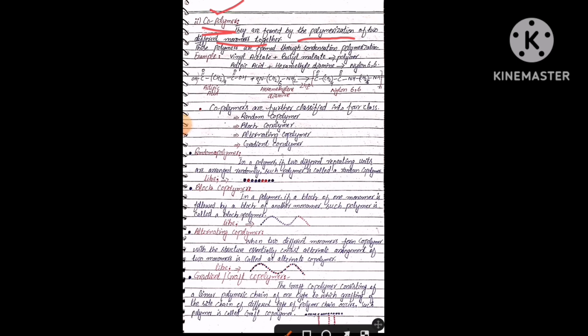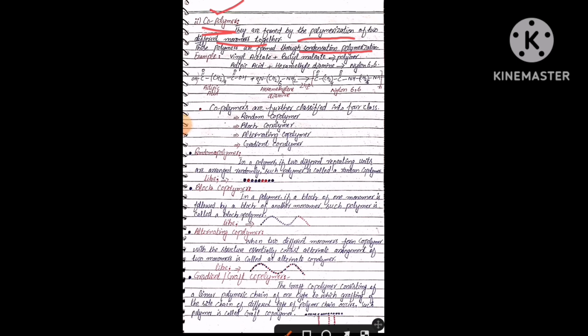These polymers are formed through the condensation polymerization. Students, we already have studied in homopolymers a type is addition polymerization, but in copolymers we are discussing about the condensation polymerization. What is condensation polymerization?